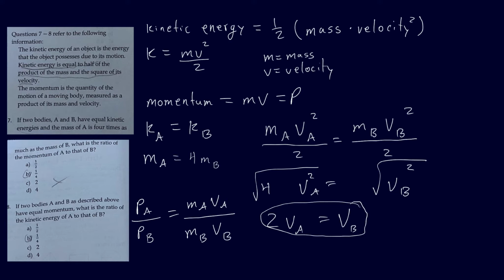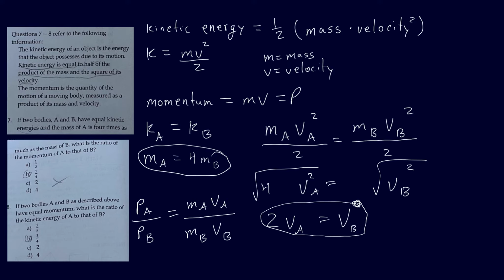So, for example, the mass of A can be replaced with 4 times the mass of B, according to this statement over here. And the velocity of object B in the denominator can be replaced with this statement over here, which says that the velocity of object B is equal to 2 times the velocity of object A.